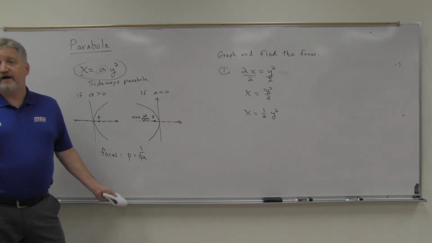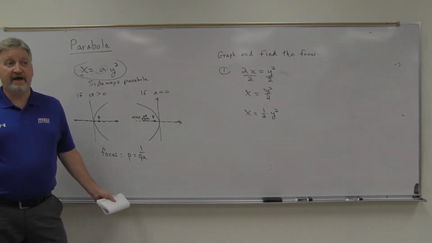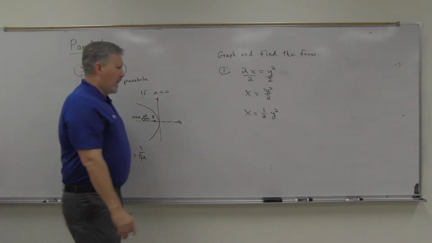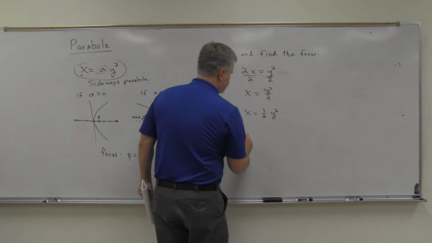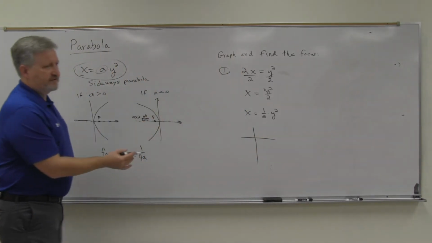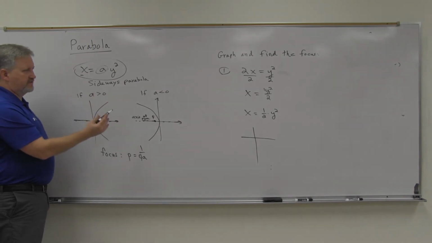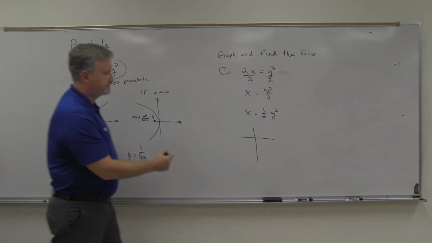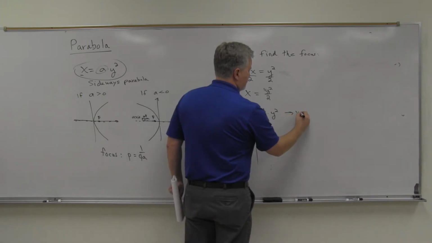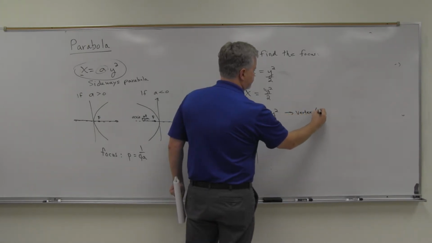So if I pulled that out, it'd be 1/2 y squared, yes? So the a is 1/2. With me there? Okay. I didn't mention the vertex, but these aren't shifted, so the vertex is 0, 0.